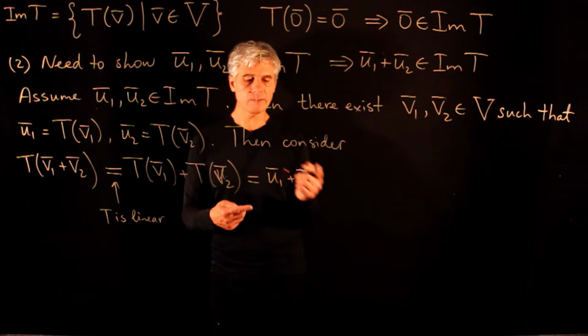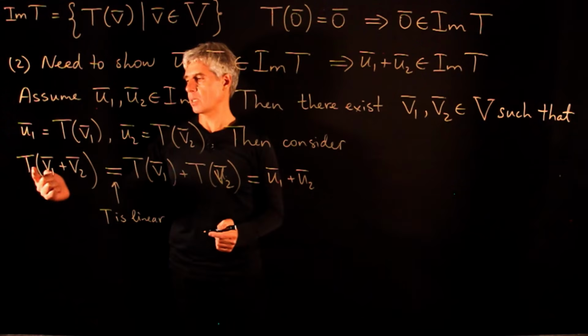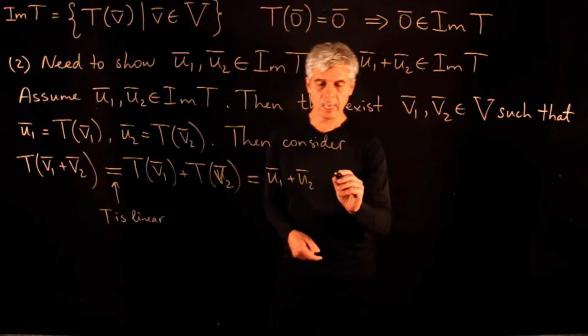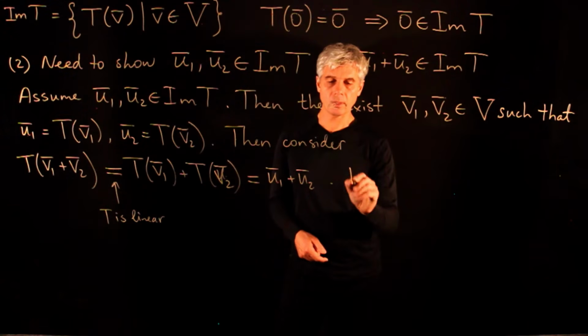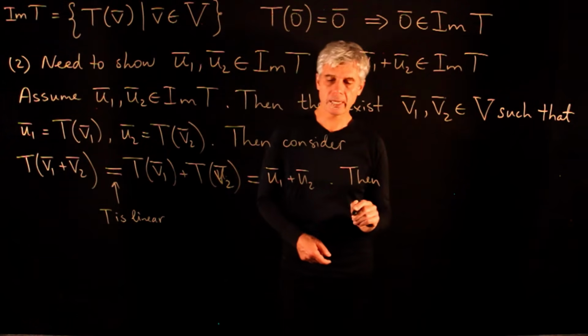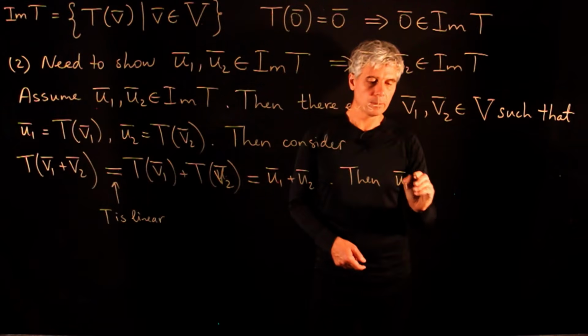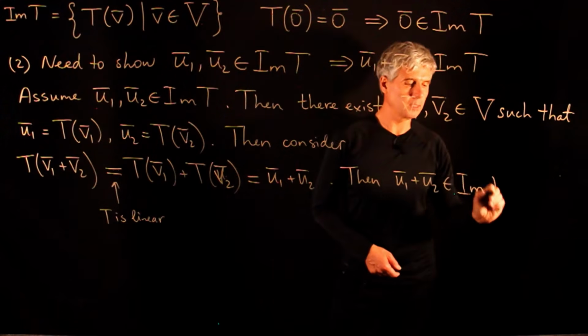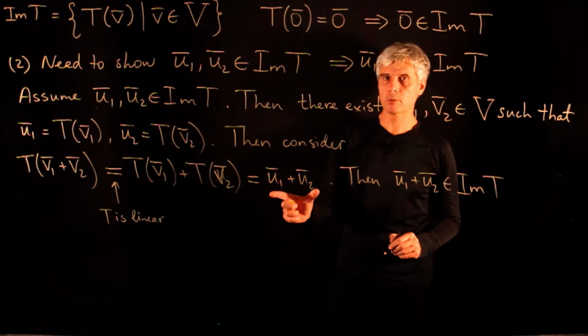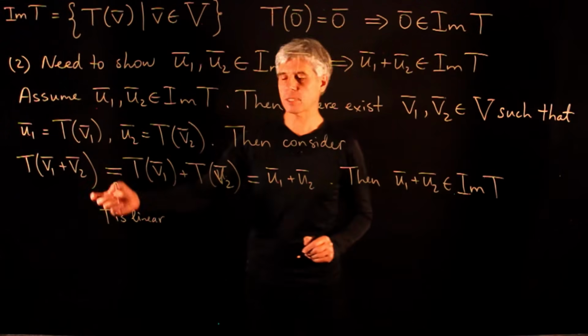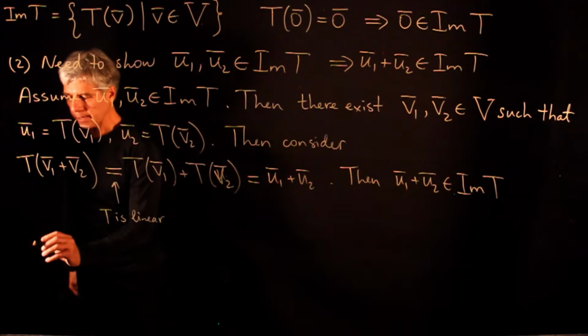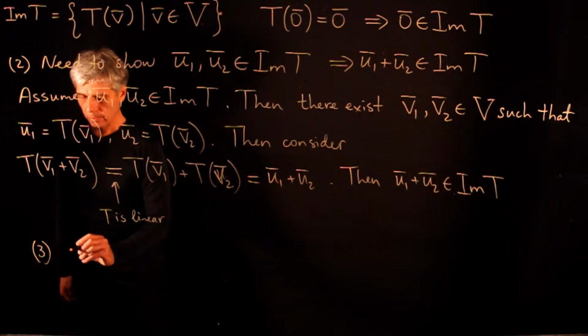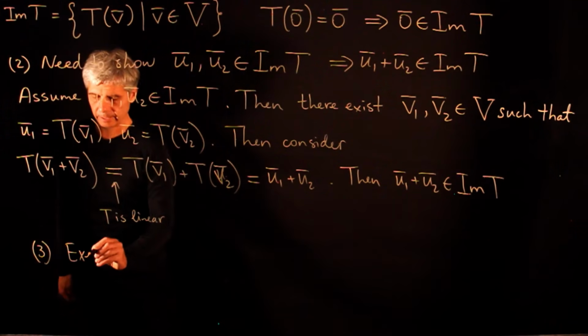This means that this vector has a pre-image in the space V. And so this implies that U1 plus U2 is in the image of T, because we were able to write this vector as T of something. And finally, I leave property 3 for you to check as an exercise.